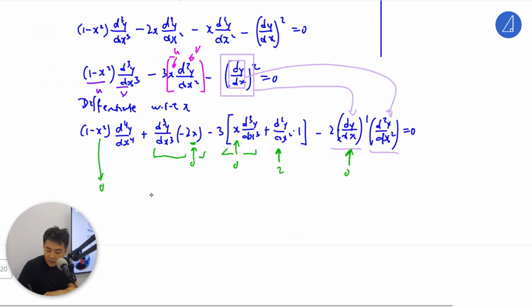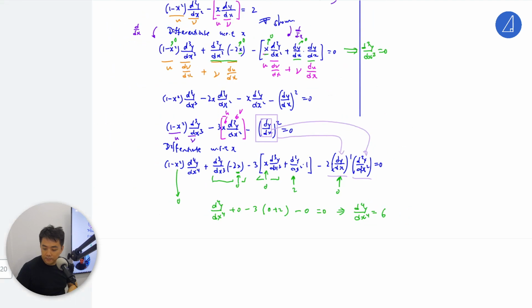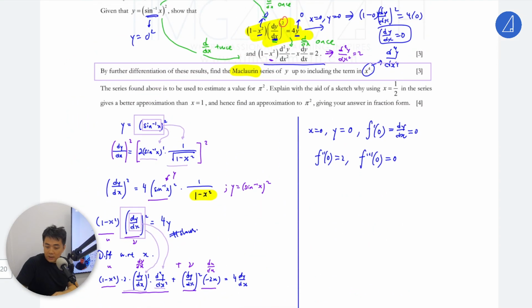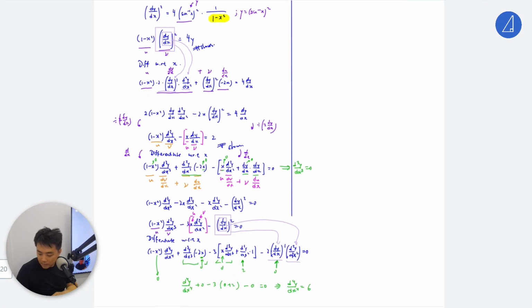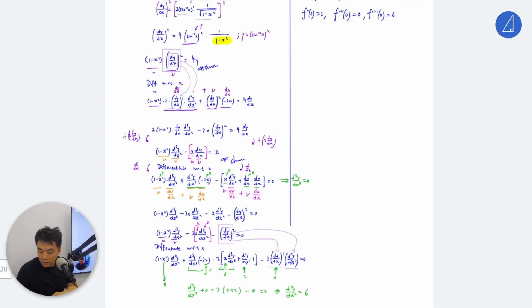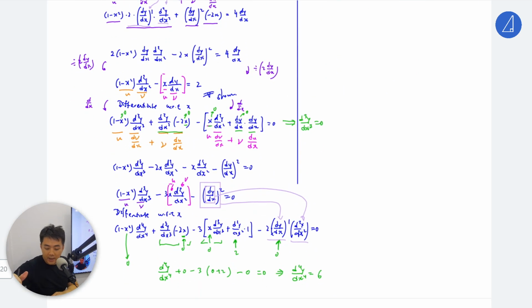So the whole expression here can be reduced to d4y dx4 plus 0 minus 3, 0 plus 2 equals to 6. So this case here, f prime prime prime prime 0 is equals to 6. So make sure you get all the expression there.